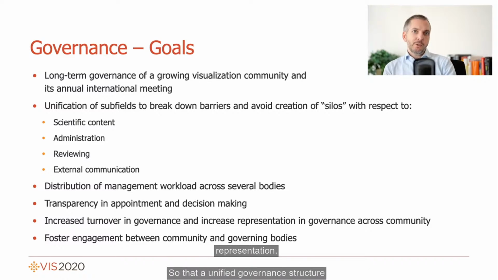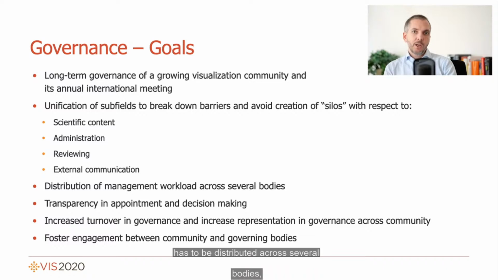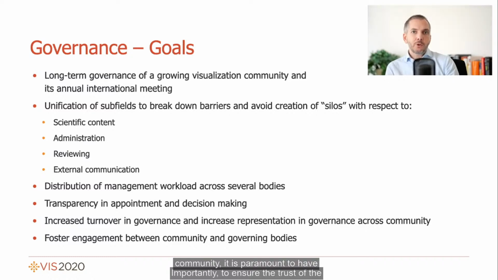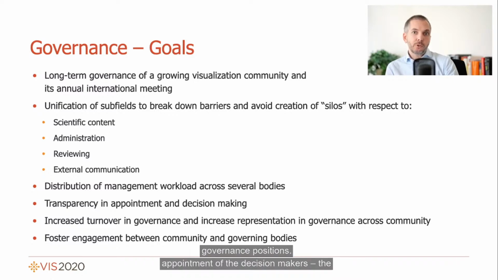So that a unified governance structure can effectively function, the workload has to be distributed across several bodies, each with different purview and responsibilities. Importantly, to ensure the trust of the community, it is paramount to have transparency and representation in both decision-making and also in the appointment of the decision-makers, the governance positions.